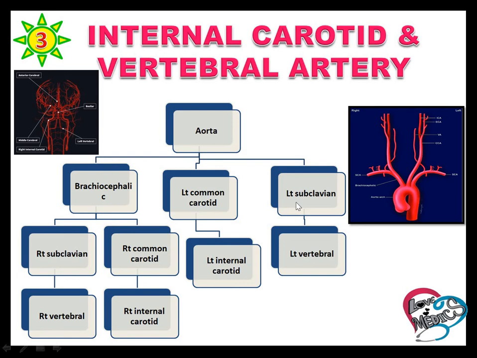The subclavian artery gives the branch of vertebral artery. Left subclavian artery gives the branch of left vertebral artery, and right subclavian artery gives the branch of right vertebral artery. And the common carotid artery gives the branch of internal carotid artery. Right common carotid artery gives the branch of right internal carotid artery. Left common carotid artery gives the branch of left internal carotid artery.